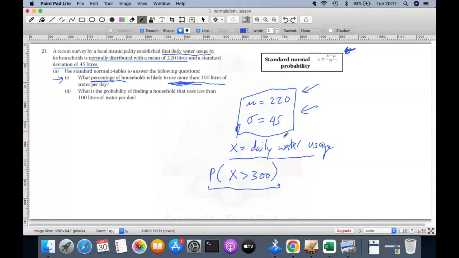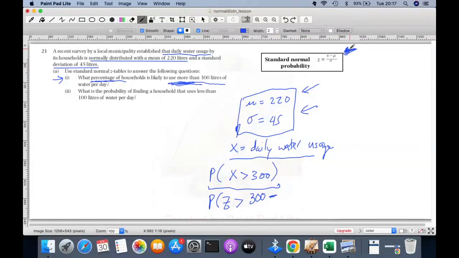You were given this so you can convert this 300 to a Z value by using what you see in this block here. So now I'm going to change it to a Z. Instead of writing X, I'm going to write Z straight away. I take whatever X value I get, in our case 300, and subtract its mean.